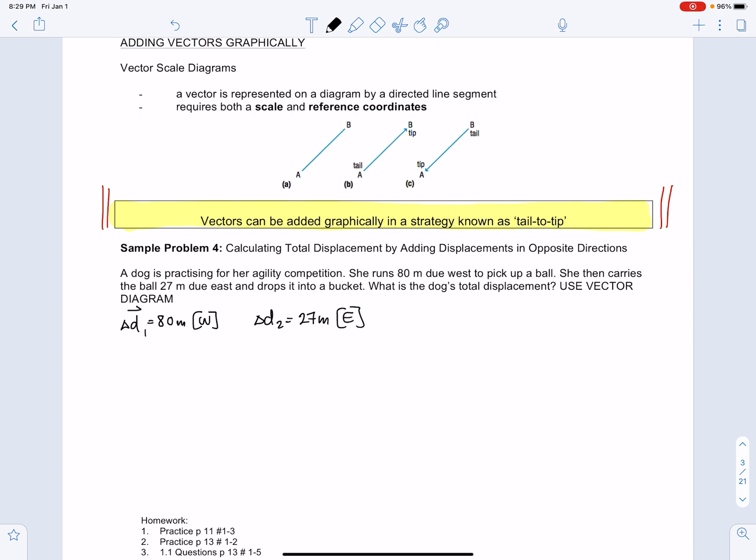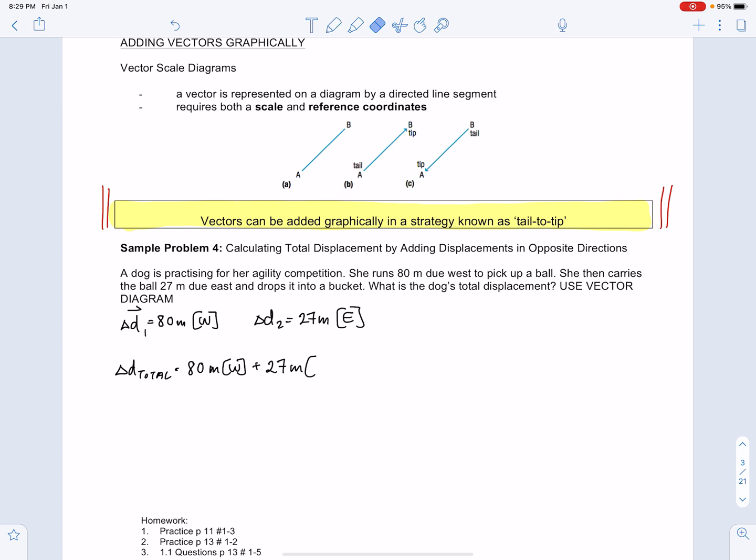So you can kind of picture the motion of this dog in your head. First traveling 80 meters west, and then changes directions and travels 27 meters east.